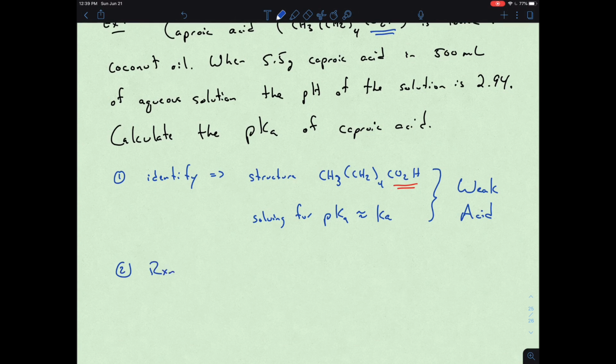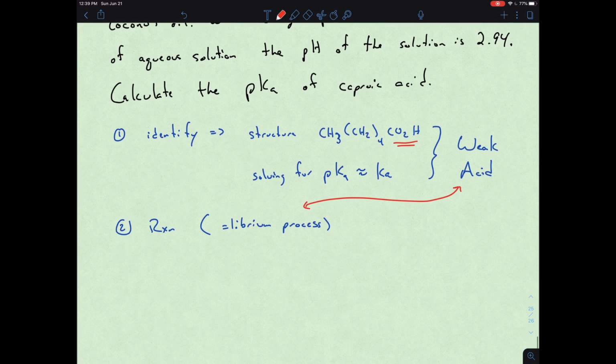So that tells us our reaction. We need our reaction to be an equilibrium process because of that identification feature that we have a weak acid. And so we just want to show that migration of the proton.